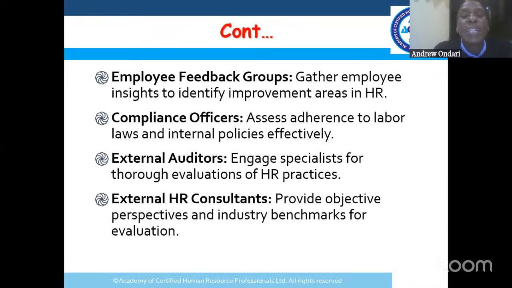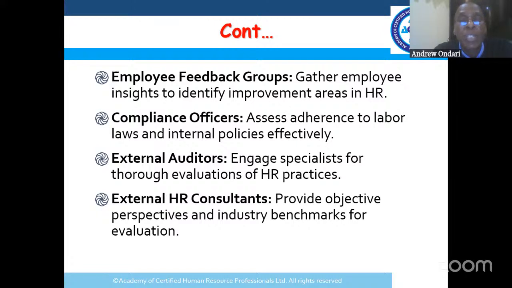You can also conduct surveys within your organization, and this can be through questionnaires or through interviews, so that you can get feedback from the people in the organization. So the HR department is the one to spearhead this, that instead of using people from the department, cross-functional teams, or internal audit, you can circulate a survey tool where you can get feedback on how well you are doing.